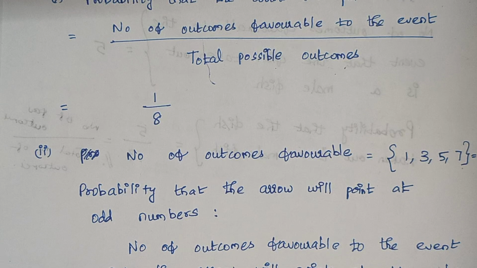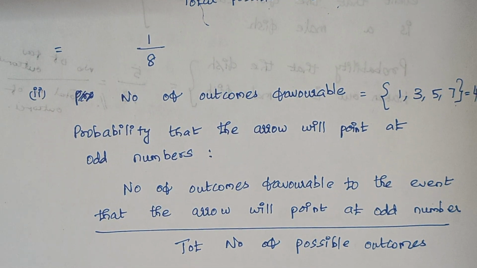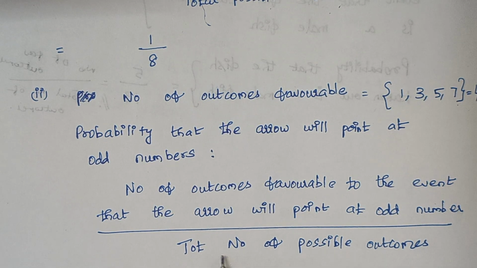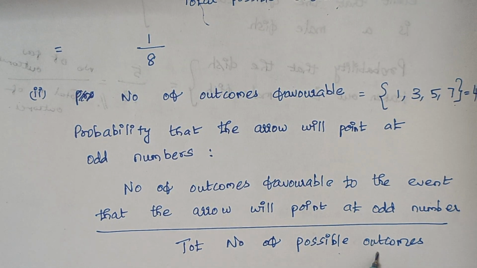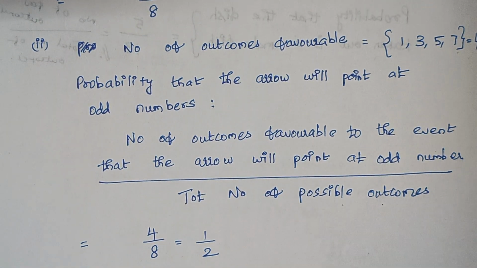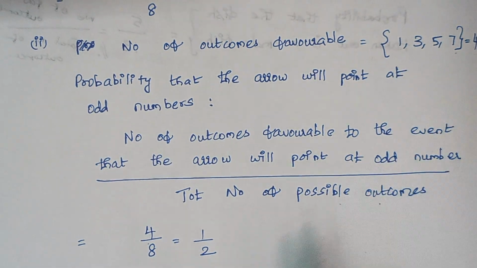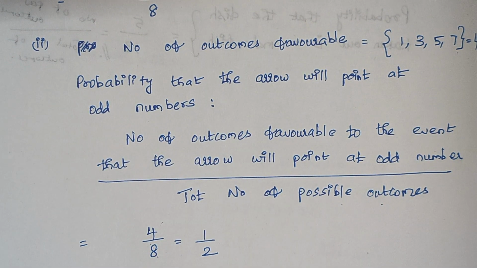Probability is again the same thing: the number of outcomes favorable to the event, that the arrow will point at an odd number, divided by the total number of possible outcomes. The numerator is 4, because we have 1, 3, 5, 7. So 4 by 8, which gives the answer 1 by 2.